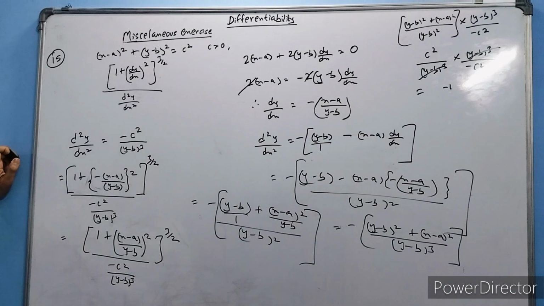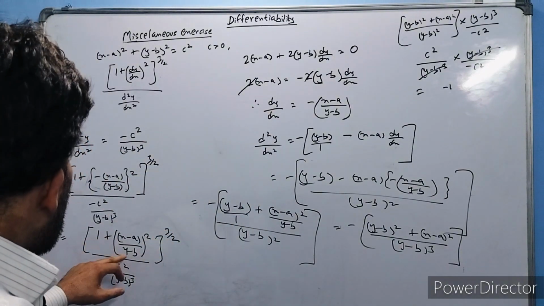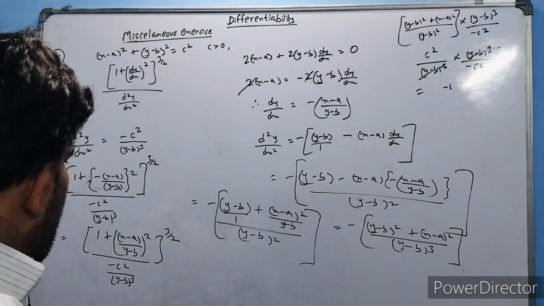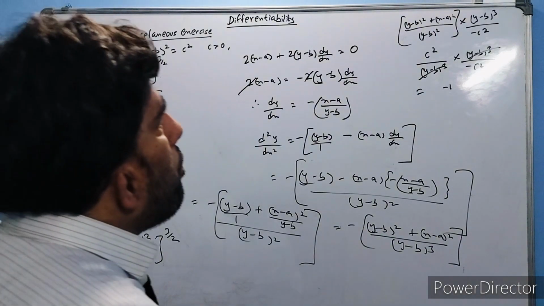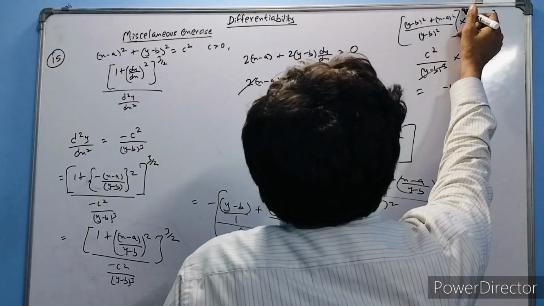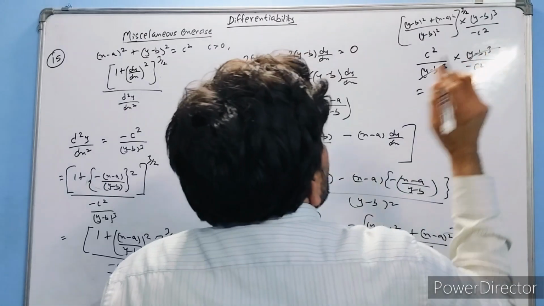So now if I try to put it, we'll have this value upon d2y upon dx square, and now we try to solve this upon (1 minus b) whole square. Okay, so it will be cube. Now it is 3 upon 2 here, so the cube will be reduced.